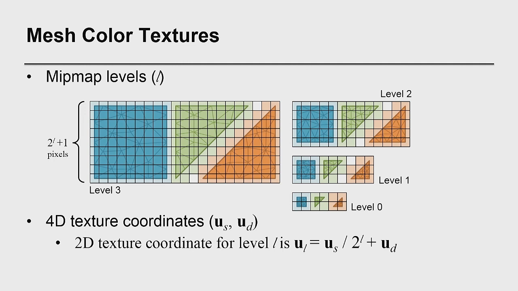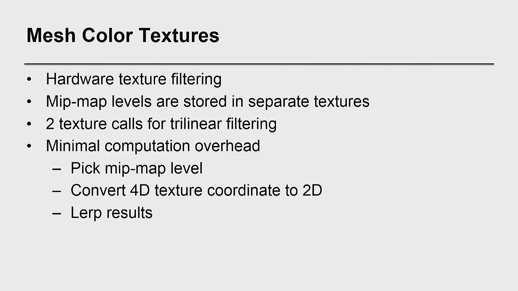And as long as you have this one 4D coordinate, you can compute the UV coordinate for any given mipmap level. I'm not explaining how it's done; we're not going to dive into details, but it is explained in detail in the Mesh Color Textures paper.